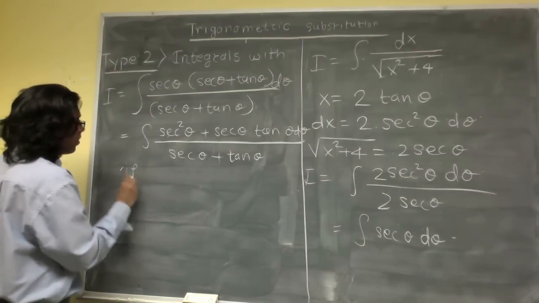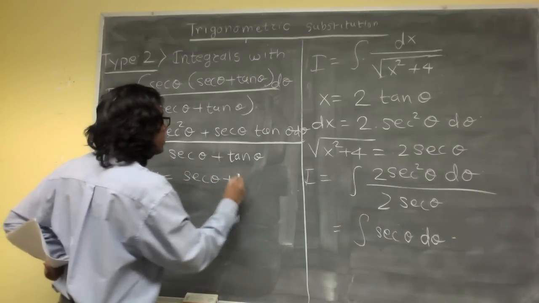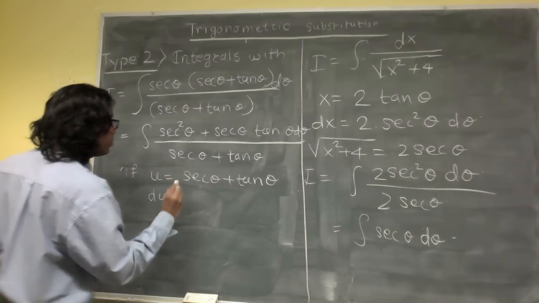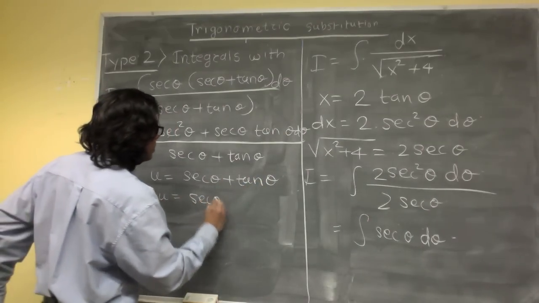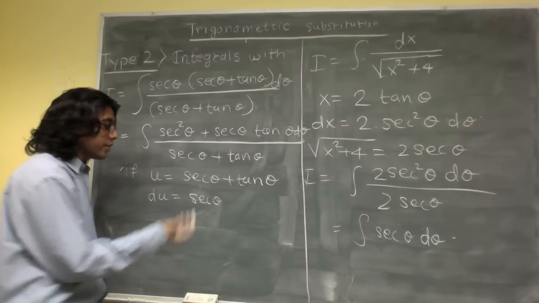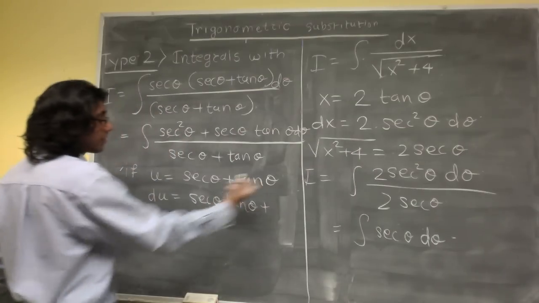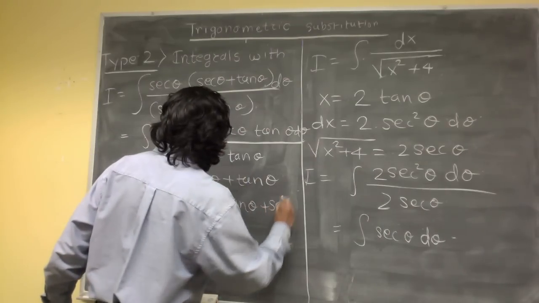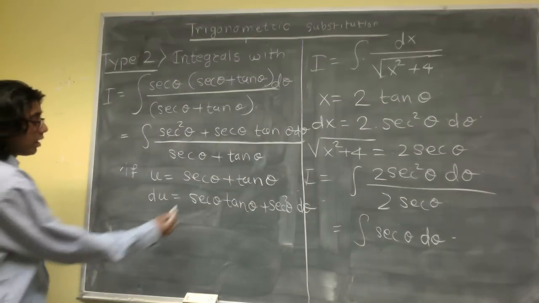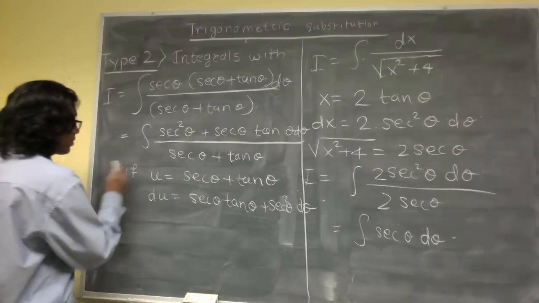Now if we put u as secant theta plus tan theta, what is du? What is the derivative of secant? The derivative of secant is secant theta times tan of theta, and the derivative of tan is secant square. And this is exactly what we have in the numerator of the integral.